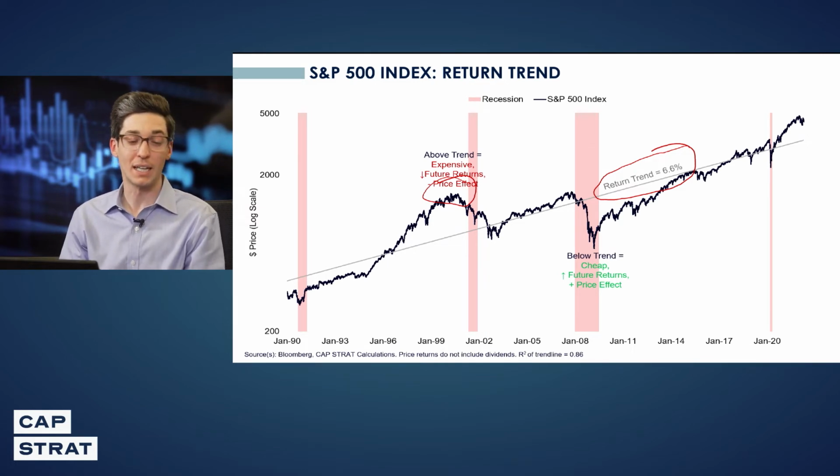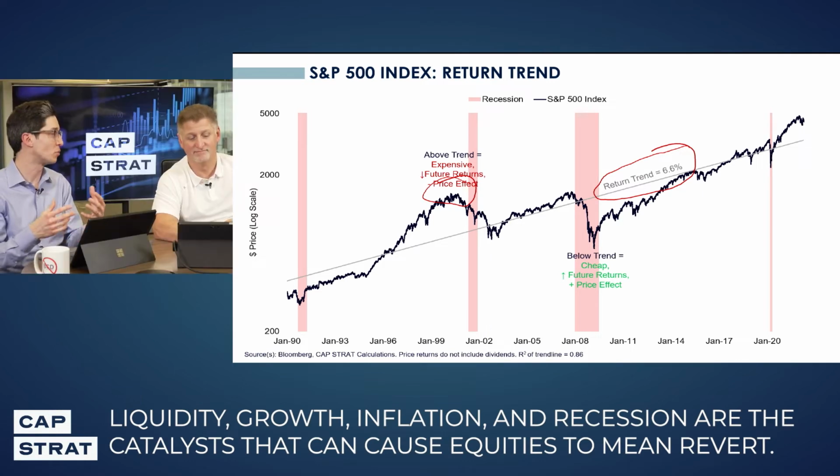And that's why you have to layer in things onto this, like what's your outlook for the other things that matter: liquidity, growth, inflation, recession. Those are the catalysts that can cause equities to mean revert. Right. Okay. So you can't just look at this in a vacuum, especially if you're trying to predict returns over a short-term time horizon. But it is a key part of our framework and our process.